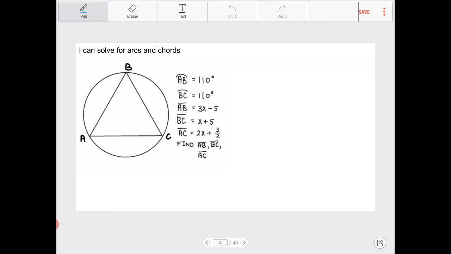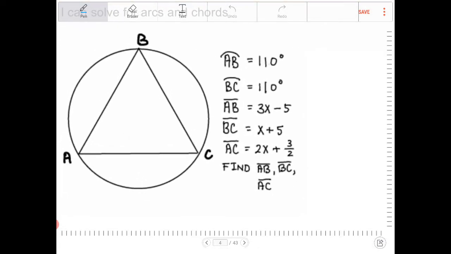All right, so let's take a look at this. Pause the video to see if you can figure this out. So hopefully you guys had some time to think about this. I immediately noticed that arc AB is 110. If arc AB is 110, arc BC is therefore also 110, as the given statement here suggests.